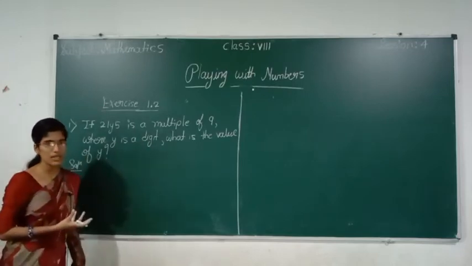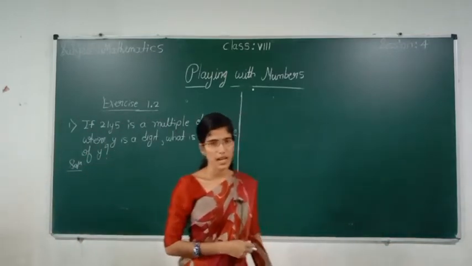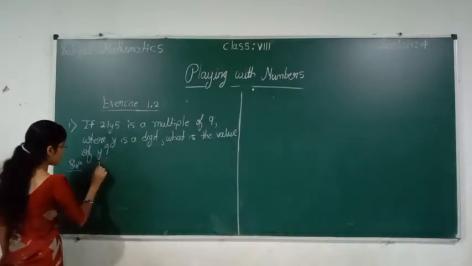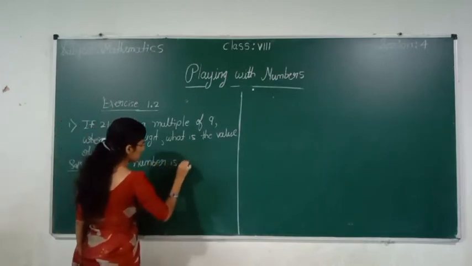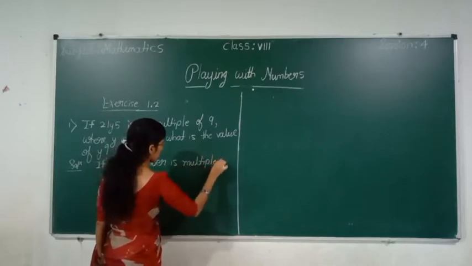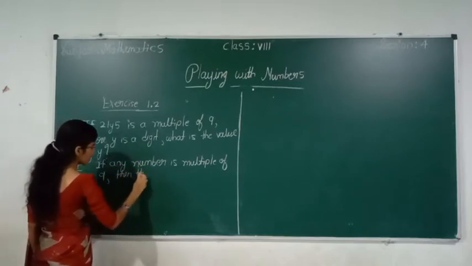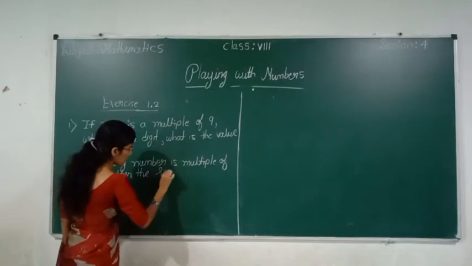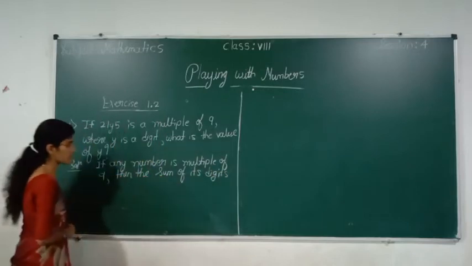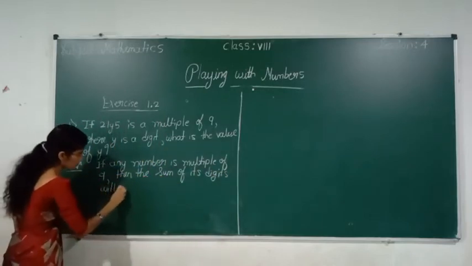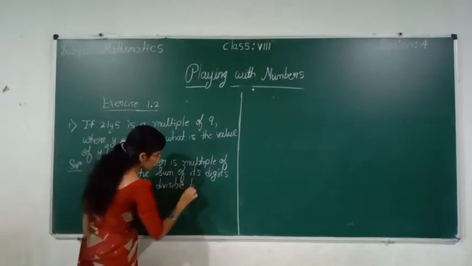If any number is a multiple of 9, then definitely the sum of its digits will also be divisible by 9, right?